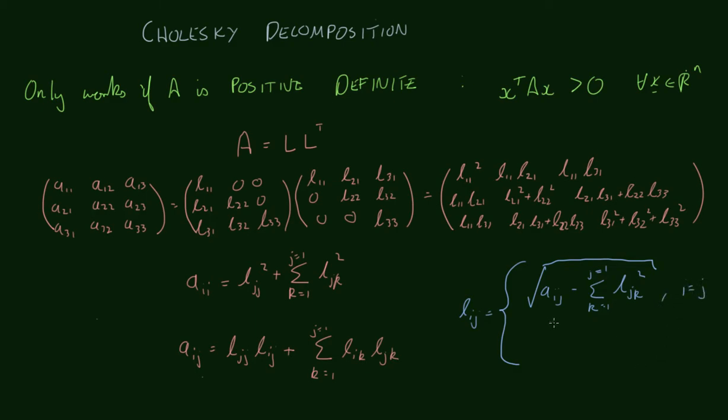For all other cases, if I rearrange this to make Lij the subject, I'll have 1 over Ljj multiplied by Aij minus the sum from k equals 1 to j minus 1 of Lik Ljk. Just notice that looks like an equals, but that's meant to be a minus.